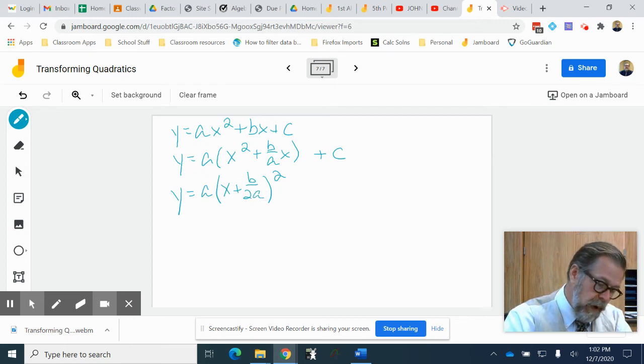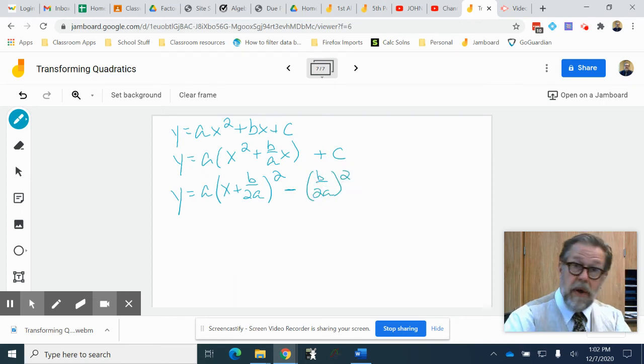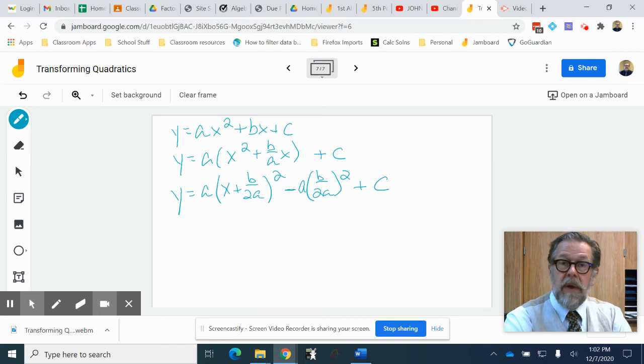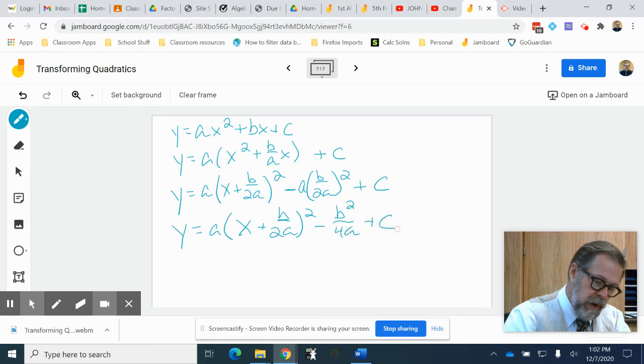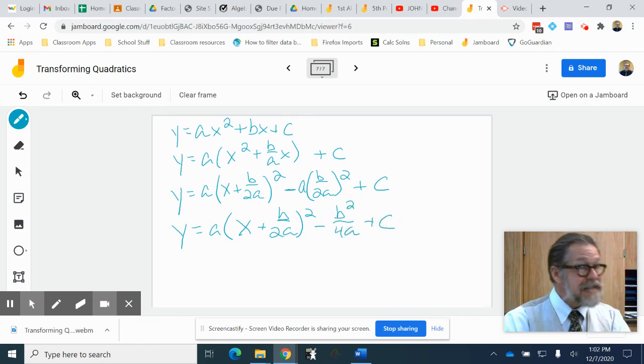Now, what am I subtracting? Well, I'm subtracting (b over 2a) squared, because that's how I filled in my square, times a, and I'm bringing down my constant value of c. A little simplification gives me y equals a(x plus b over 2a) all squared minus b squared over 4a plus c.